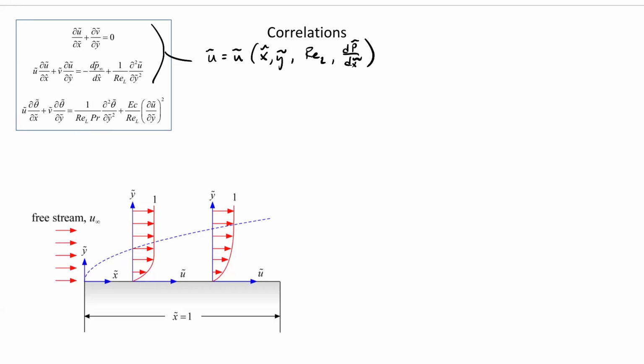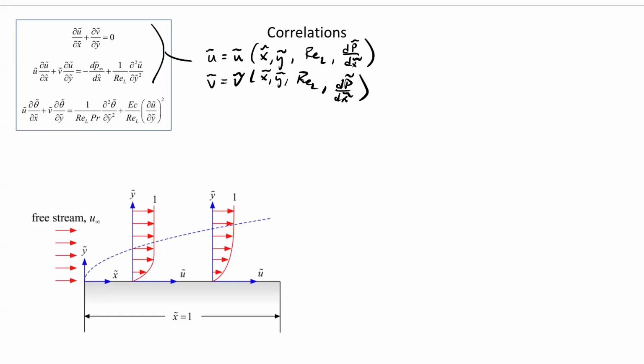For v, we can do the same thing. So v tilde is going to be some function of basically the same things. The equations are pretty symmetric in that way. So we have x, y, Reynolds, and dp infinity dx. Those are both expressions that we could come up with.